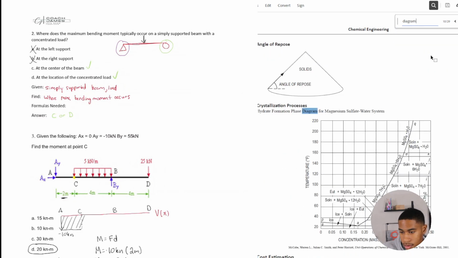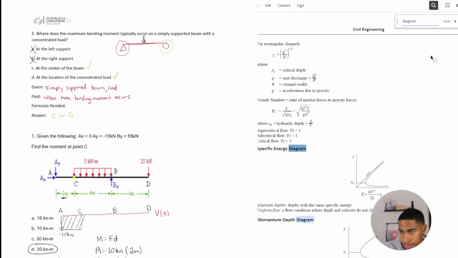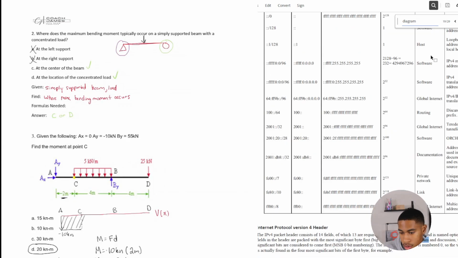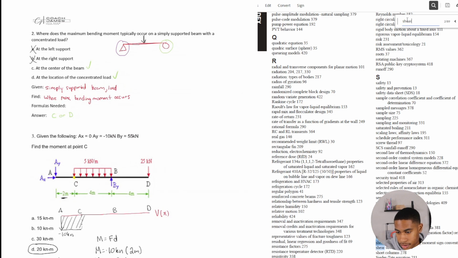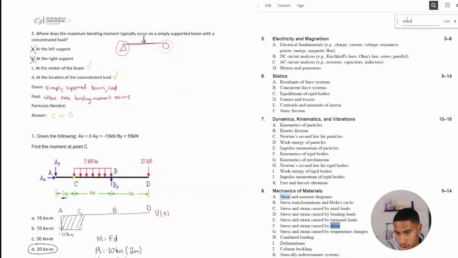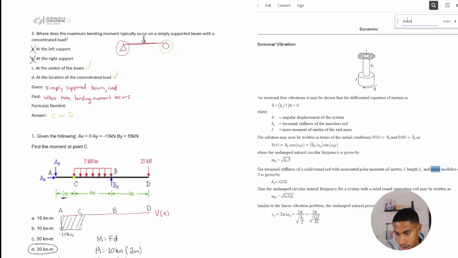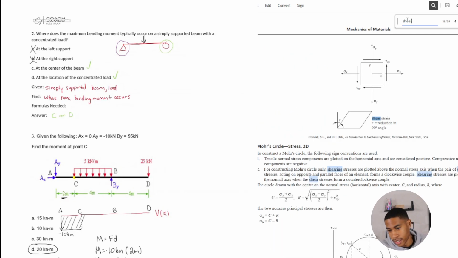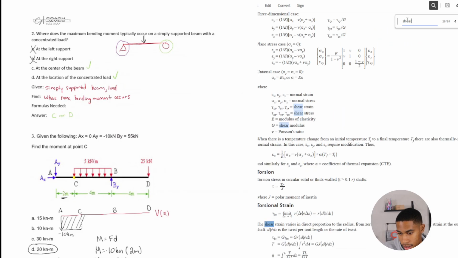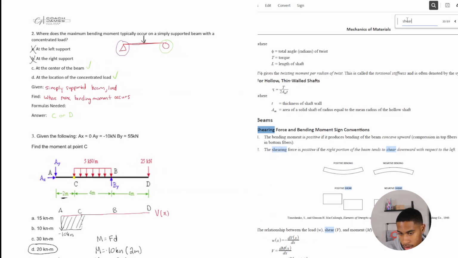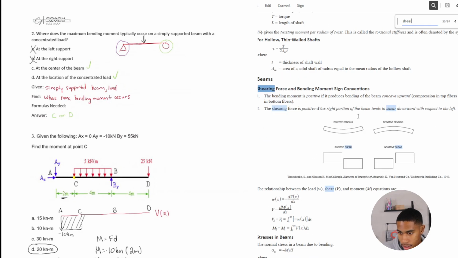Nope. All right, that's not helping us. So search shear again. See if we can get in the right area. And you can always use your bookmarks as well to get you in the correct area.